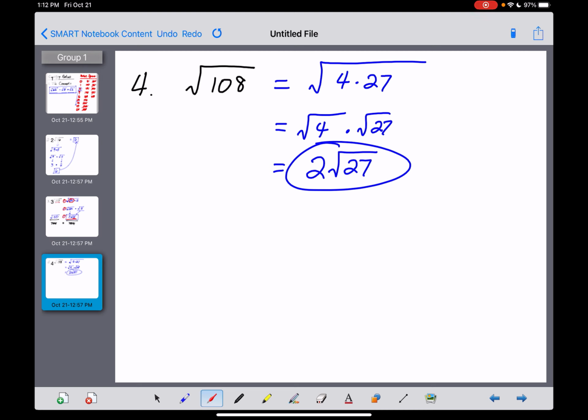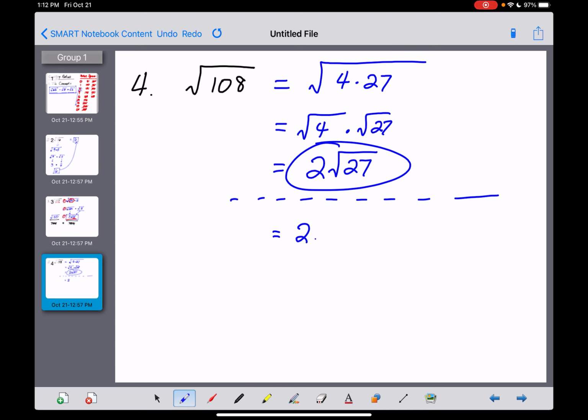This answer of 2 root 27 is not in simple radical form because if we look at the radicand, 27, there's another perfect square factor that divides evenly into that 27. Maybe you see it already. And so here's what we're going to do. Actually, this work isn't all for naught. I'm still going to come back and show you how to do this the better way. But you just keep going with this problem now.